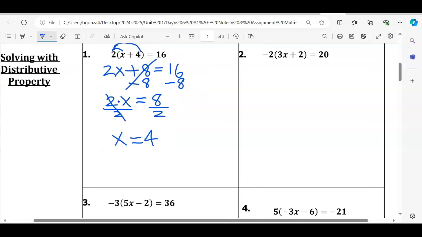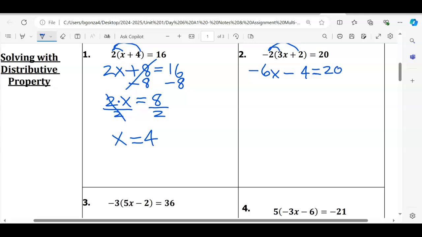Let's do another example. Negative 2 is in front of a parentheses. Can you distribute the negative 2? Negative 2 times 3x. Now, negative 2 times 3x is what? Negative 6x, yeah. And then negative 2 times positive 2 is negative 4. Now, if you're struggling with that, remember, calculator is your friend.